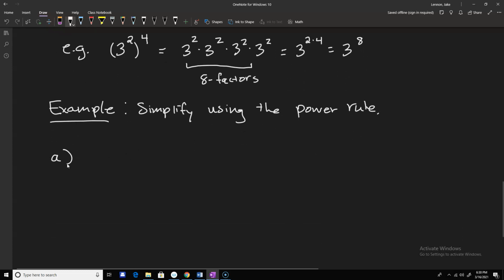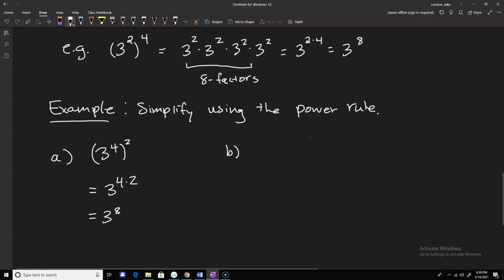So for A, let's say we have 3 to the 4th, and then this is squared. Well, this will just become 3 to the 4 times 2, or 3 to the 8th. And again, that's some number you can put in your calculator, but it's going to be relatively large, so I'm just going to leave it alone like that.